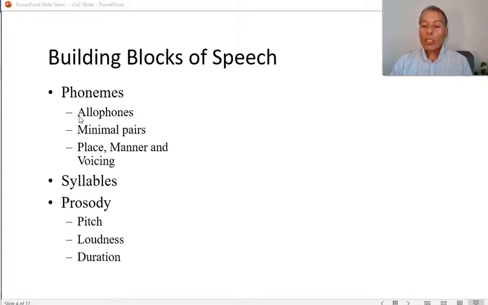So when I say the word cool, before I say the k, I have to round my lips. Cool. So in that case, the k becomes rounded. It doesn't alter the meaning, but it is a different way of saying the k.